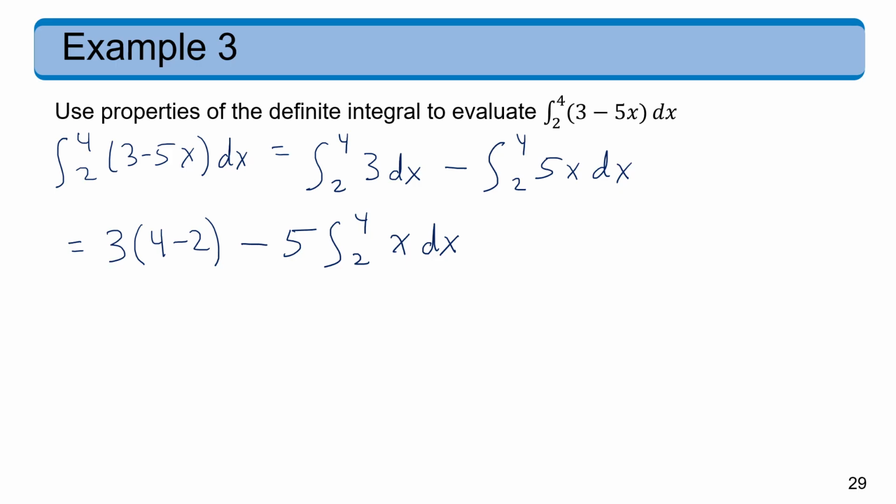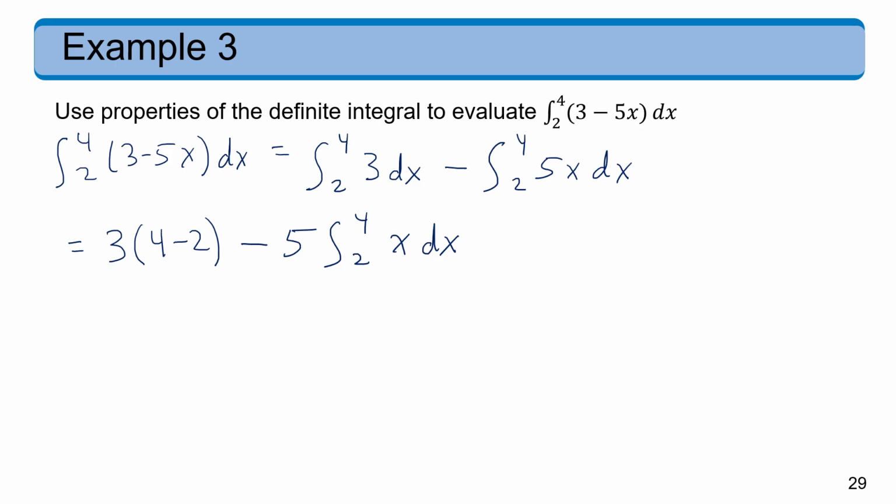Now there's only one integral left, and that's this integral of x over the interval 2 to 4. We don't automatically know what that is from our properties, so we could use the limit definition, but we know that's going to be a lot of work. So let's see if we can use an area argument to find that one.